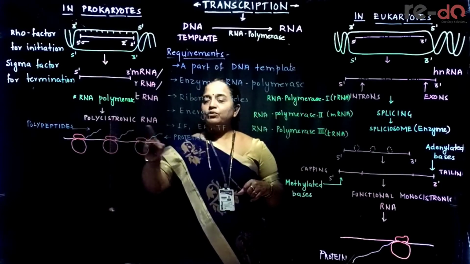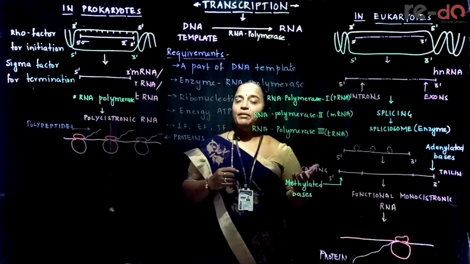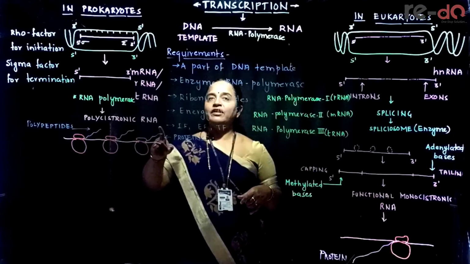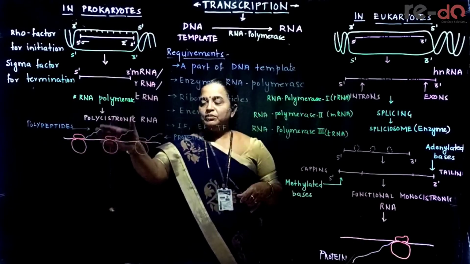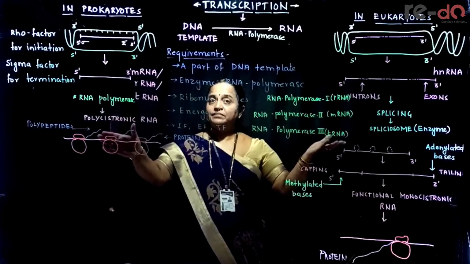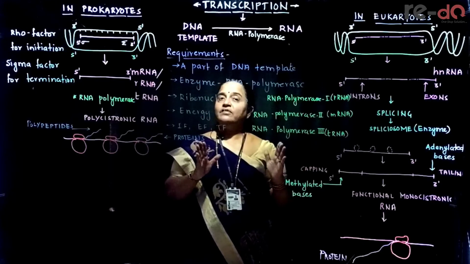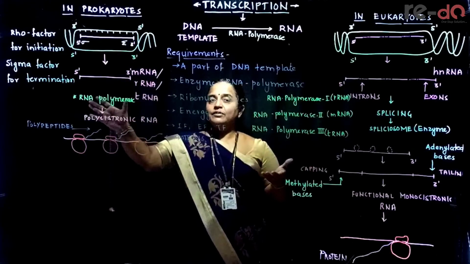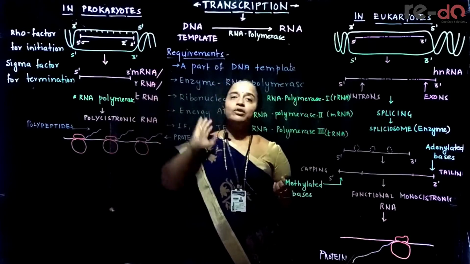So 1, 2, 3, like that multiple polypeptides, so called proteins, are synthesized on polycistronic RNA. So this process we call translation. This we are learning ahead. Today you need to understand what exactly transcription is and how it occurs, who regulates the process in prokaryotes.